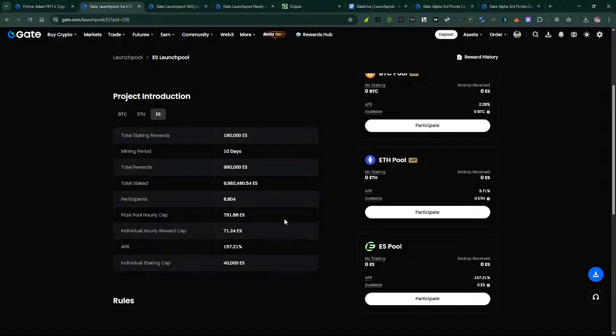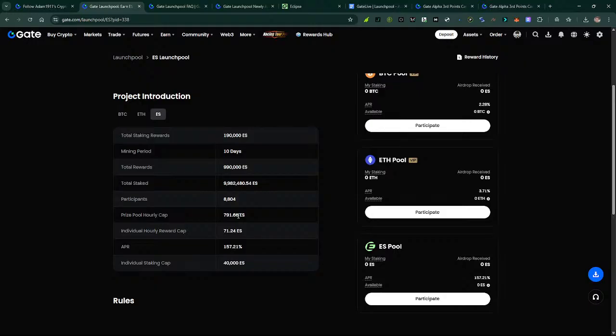In this case the participant count is so high. The pool hourly cap is 791.66 ES tokens, and that means this much amount of ES tokens is going to be distributed among 8,804 people. Remember that.